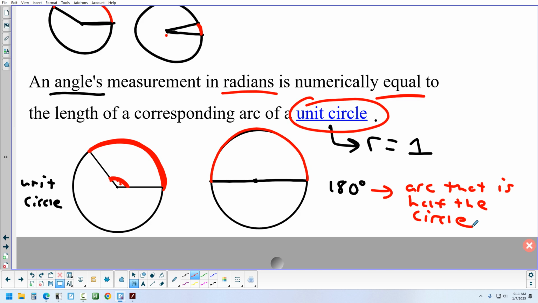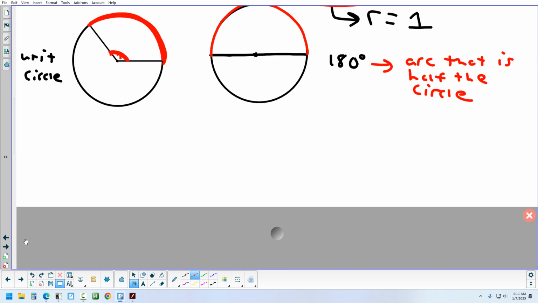All right, let's draw another one. Let's say I draw a circle. I have to make it a little smaller. Let's say that's my initial side and that's my terminal side, and I'm looking at this angle like that.